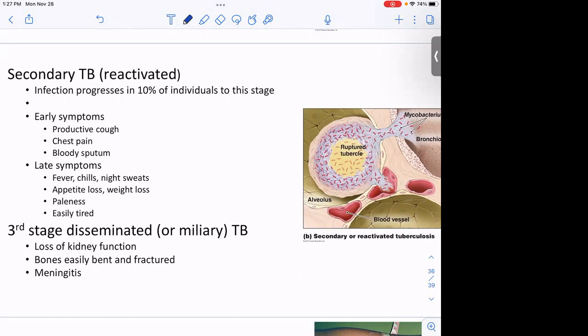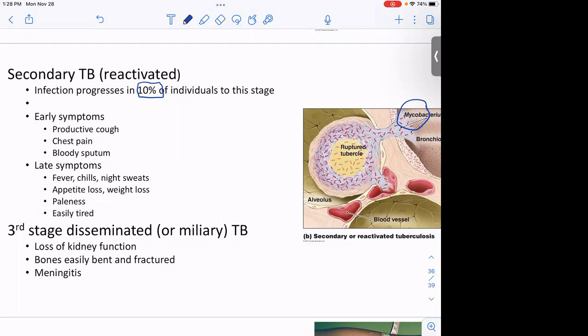But we think that only happens in about 10% of individuals. So the question is, if somebody has primary tuberculosis, do you bother to treat it? That's a difficult question. You have to look at each patient, how old they are and their health status and all that.